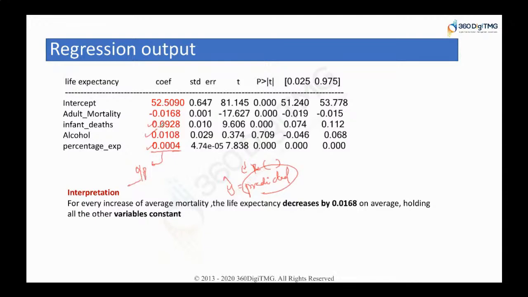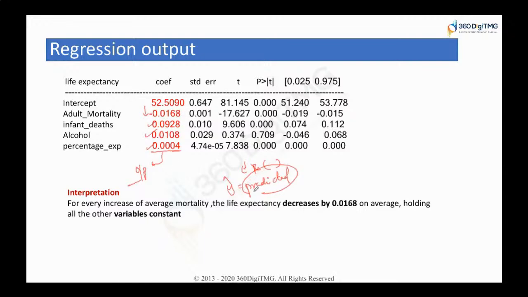So what do you understand by minus 0.0168 added to mortality? Right? So expected life expectancy can increase or decrease here. So it is decreasing, the minus symbol. By how much? 0.0168. This much it is decreasing.